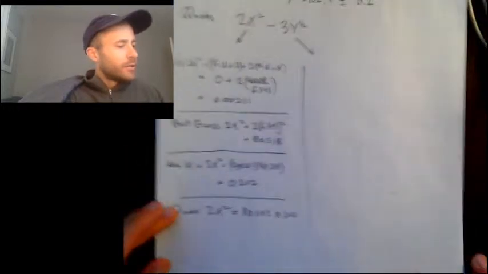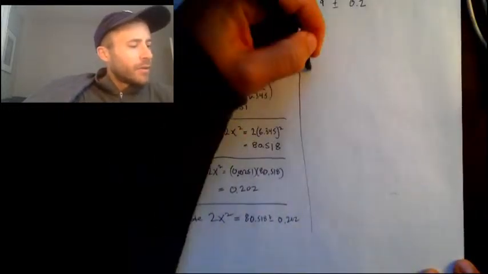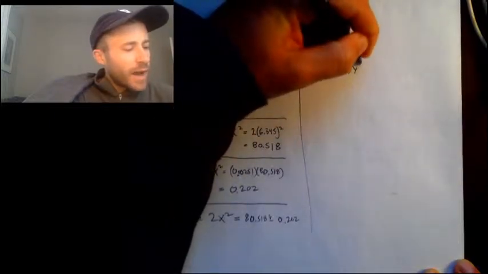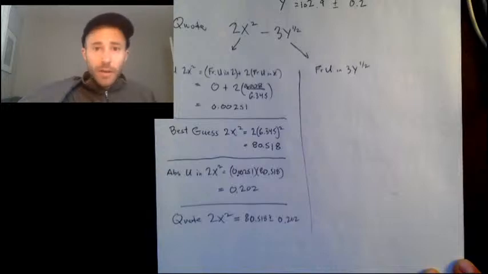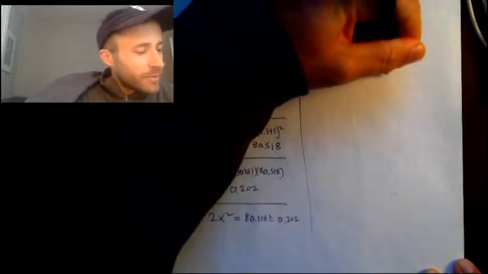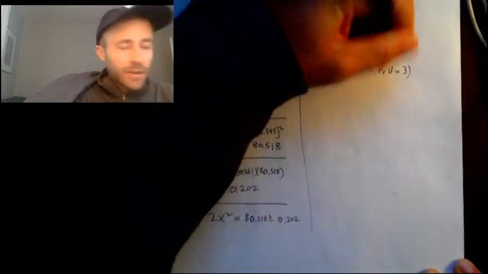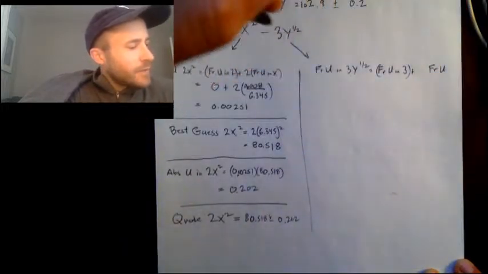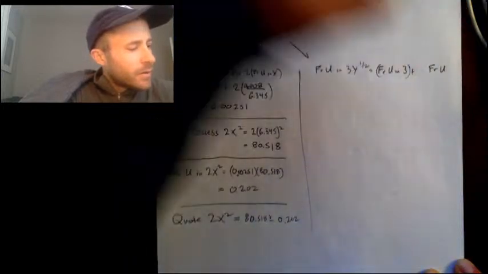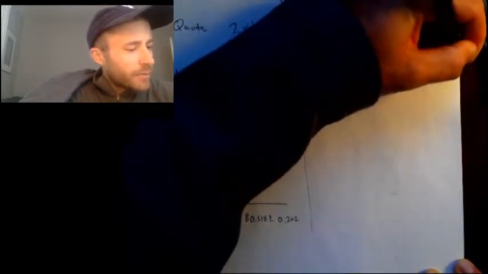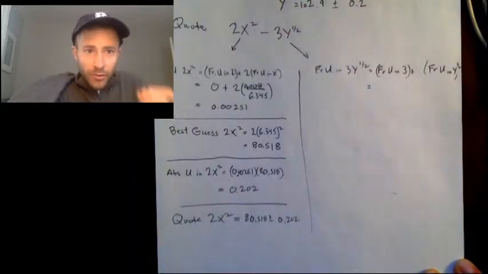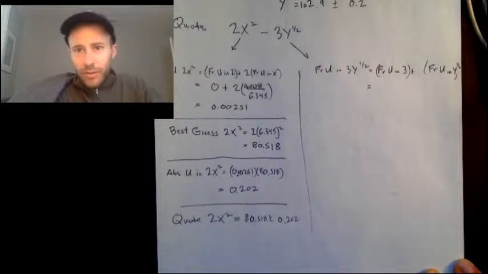Okay? So now I have the fractional uncertainty in 3y to the 1/2. That's going to be the fractional uncertainty in 3, which is just a constant, plus the fractional uncertainty in y to the 1/2. Now, remember, whenever you raise something to a power, its fractional uncertainty gets multiplied by that power.